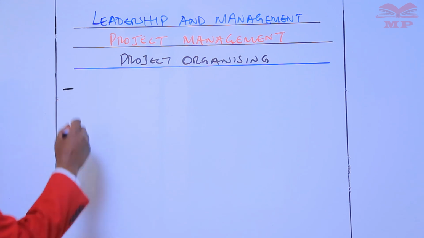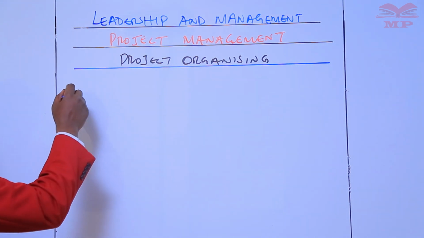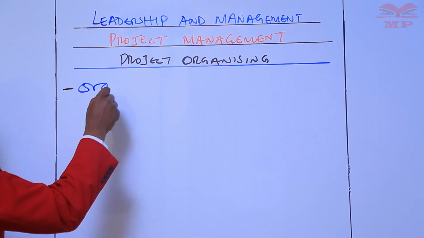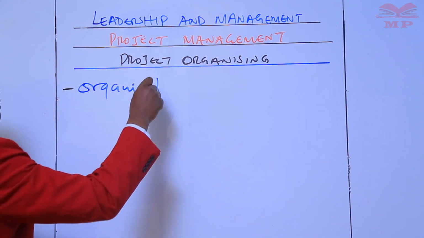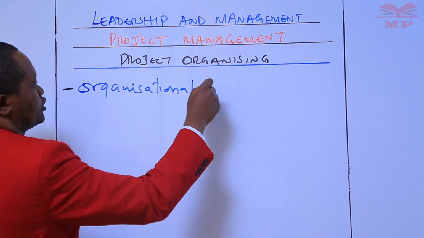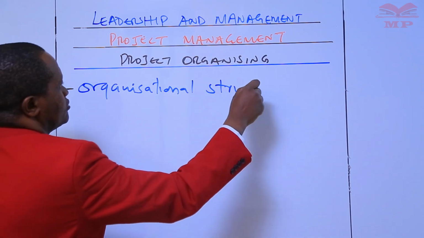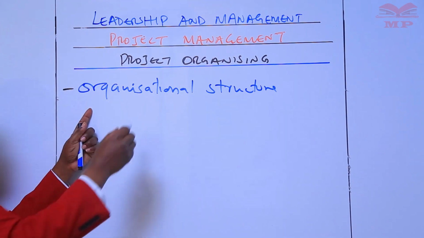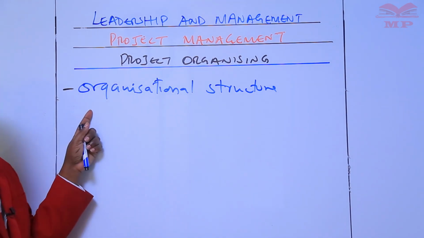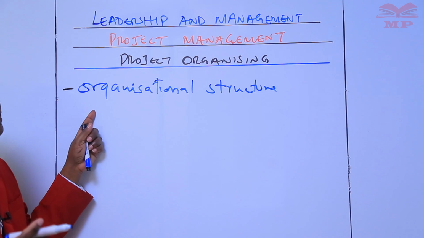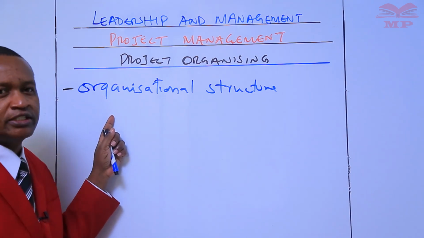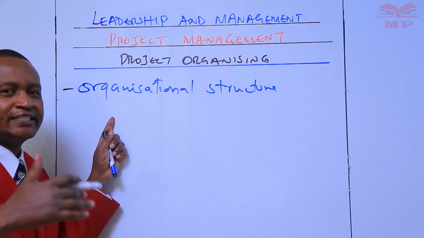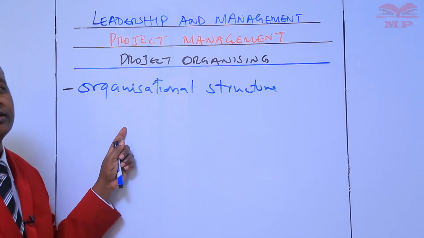It is very important that an organizational structure be developed. When we discuss organizing, there has to be some structure that will be used for the project. Because we know, candidates, each project has its unique characteristics.